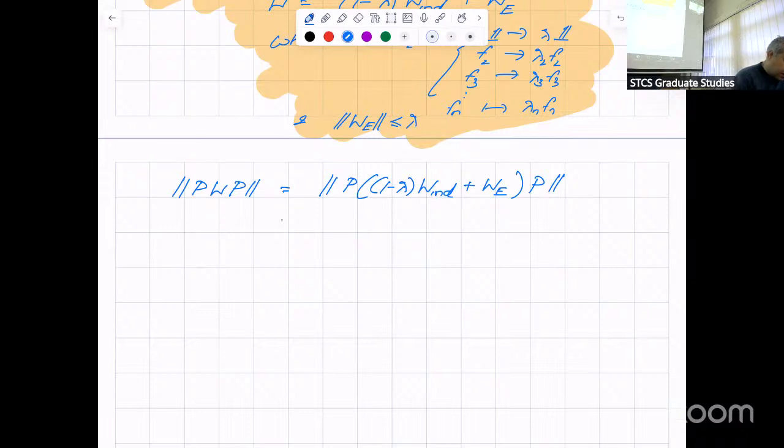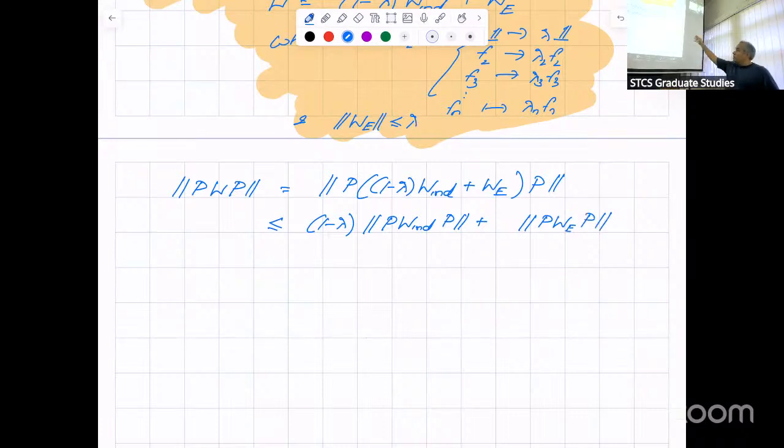By what we have seen, this is less than or equal to (1 minus lambda) times the norm of P W end P plus the norm of P W error P. The norm of the sum of two matrices is at most the sum of the norms, and scaling by this one will not do anything. So that's all. This we have already seen.